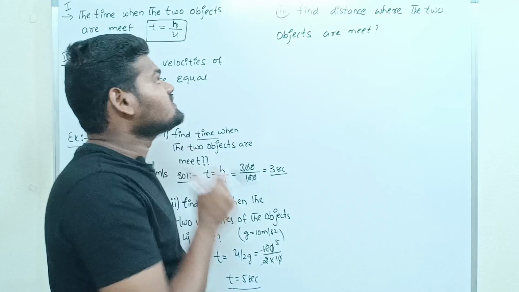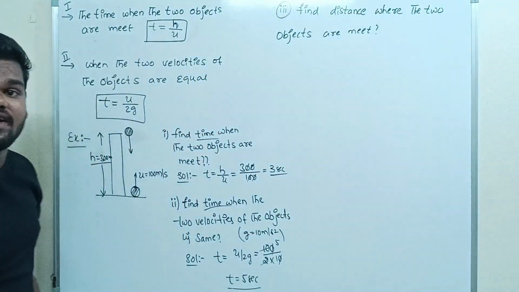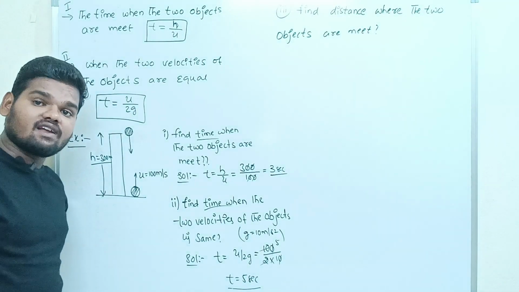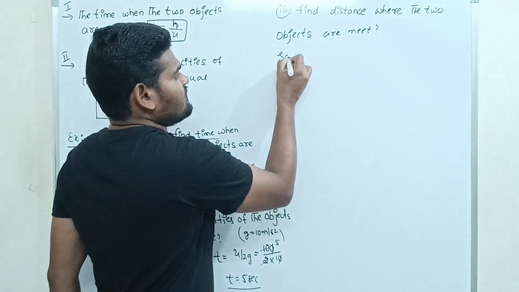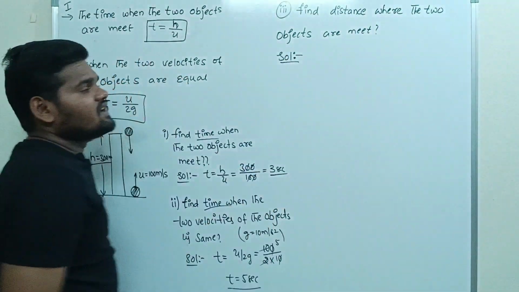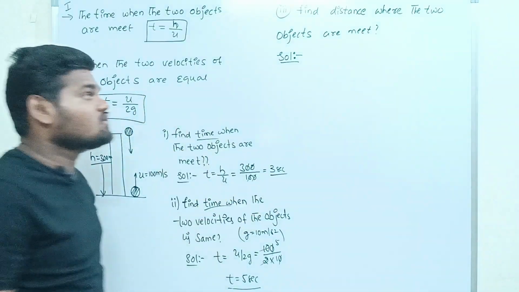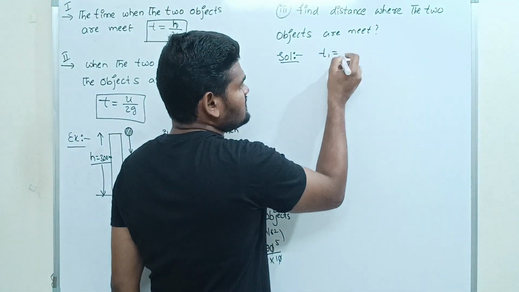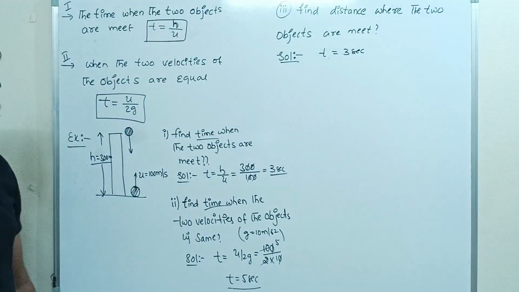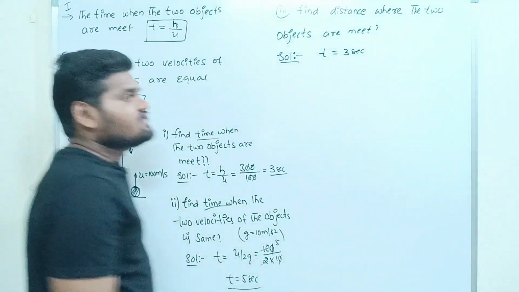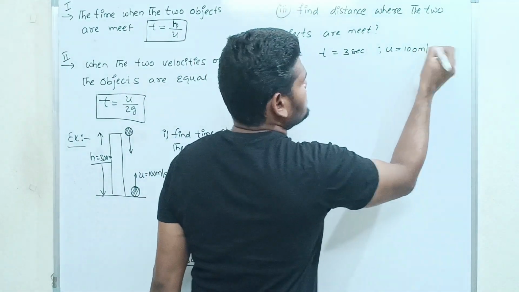What is the third question? Find the distance where the two objects meet. So how can we solve it? We know the time at which the two objects meet: t is equal to 3 seconds. We also know the initial velocity of this object, u is equal to 100 meter per second.